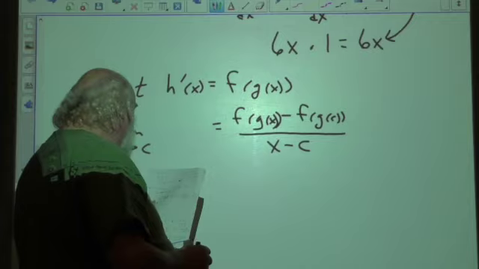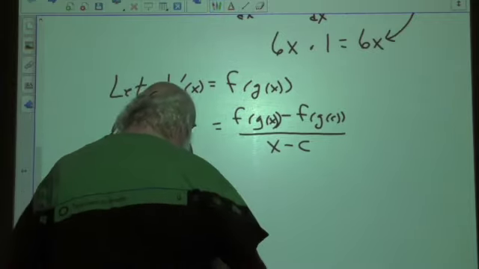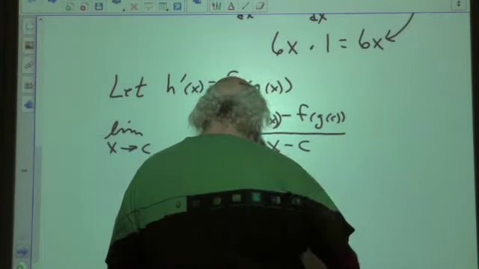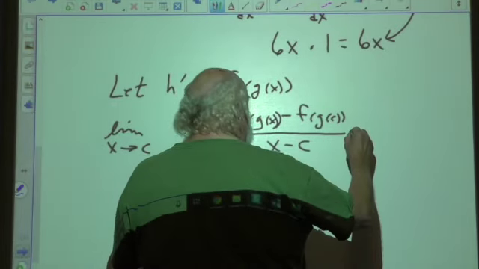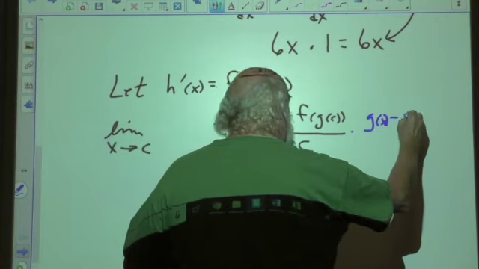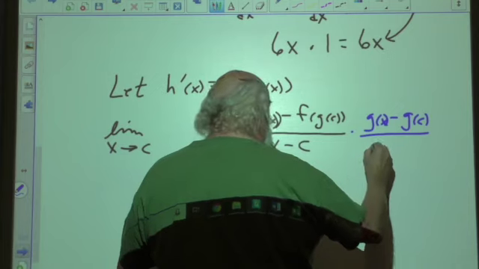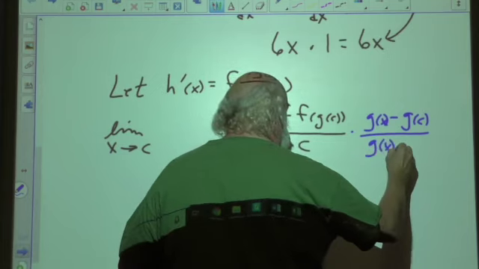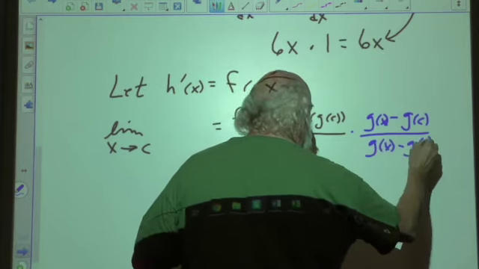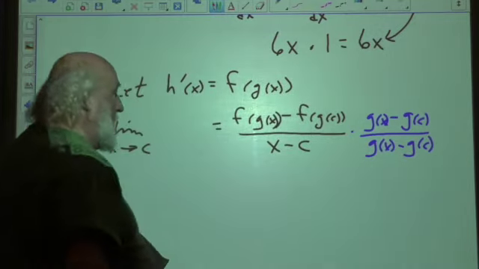All right? Now, this is where they have the fun part with algebra. They're now going to multiply both the top and the bottom by g of x minus g of c over g of x minus g of c, because this will have no effect upon the overall value of this right here.